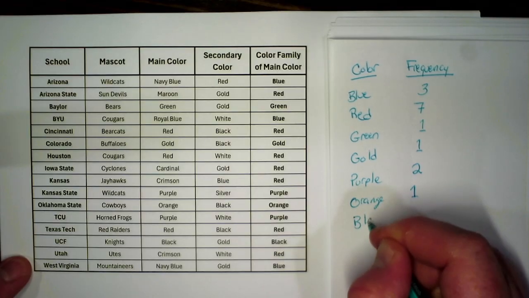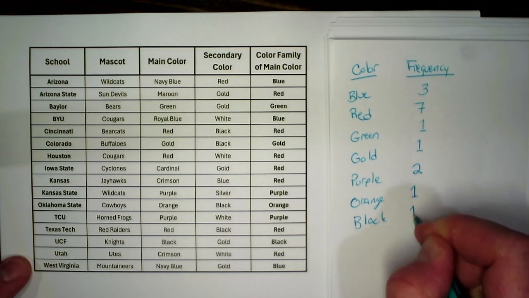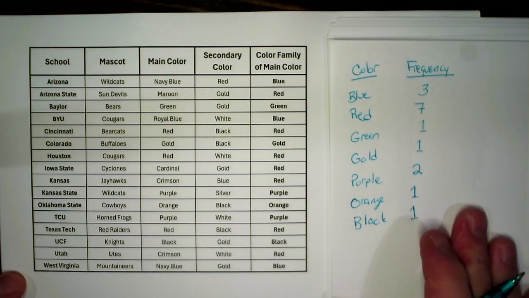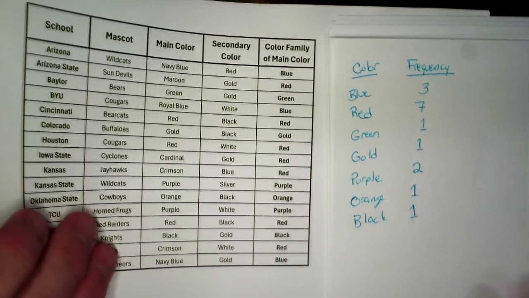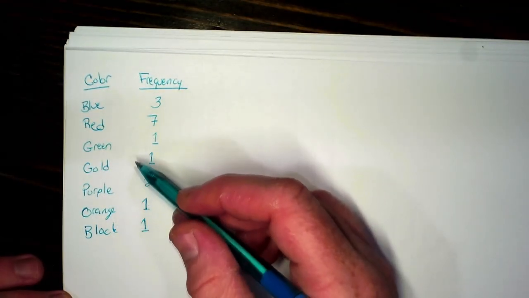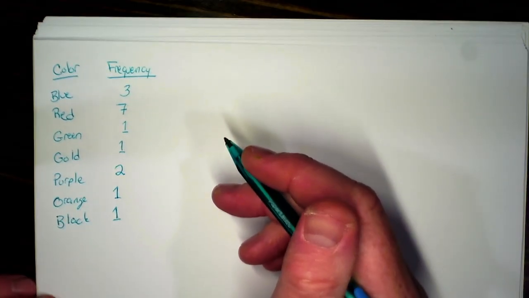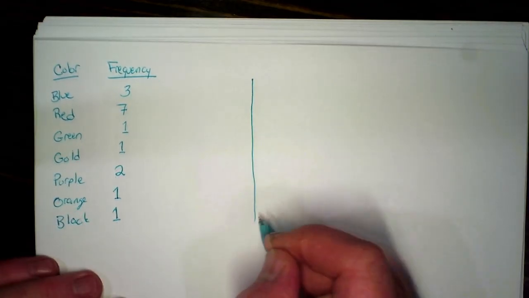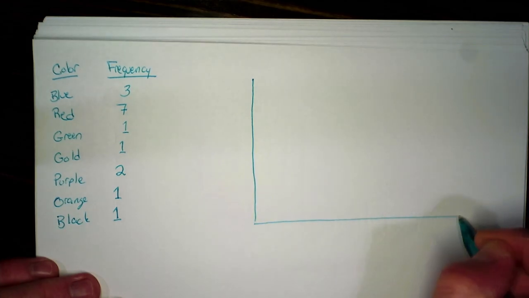They also have gold, but they listed black as their main, so we'll go with that. Okay, so now we're going to take that frequency table and we've summarized our data. Now notice we've lost information. We don't know which team is which in this, but that's okay because that's not what I was interested in for my little summary bar graph here.